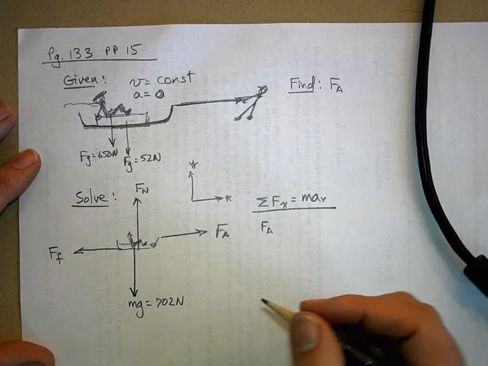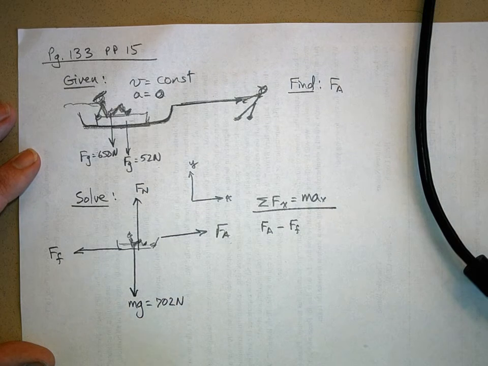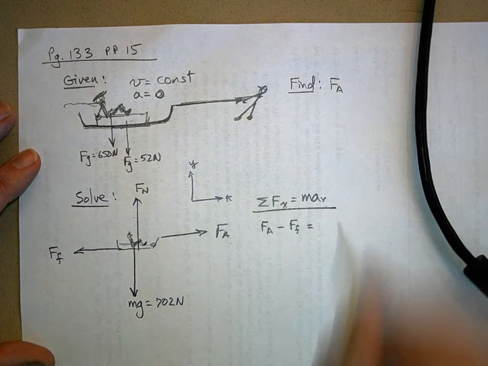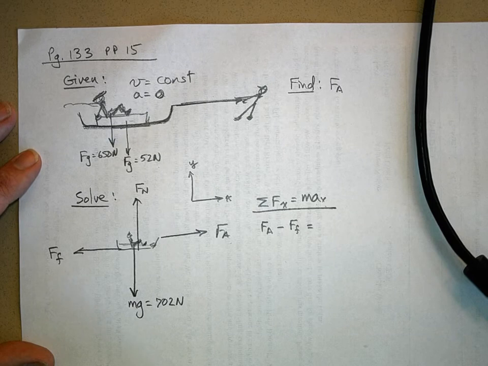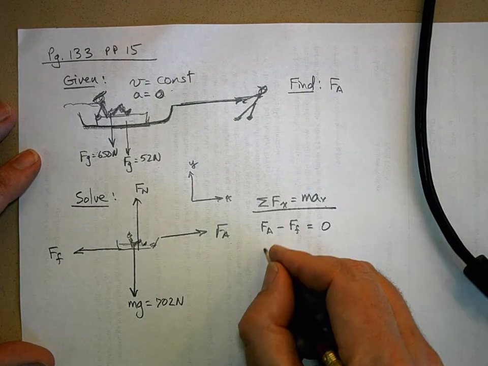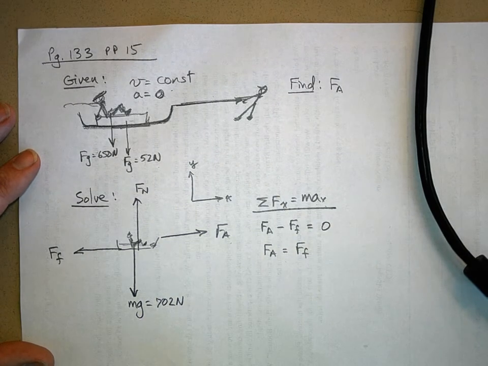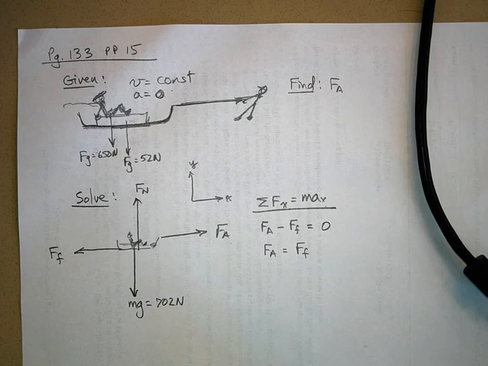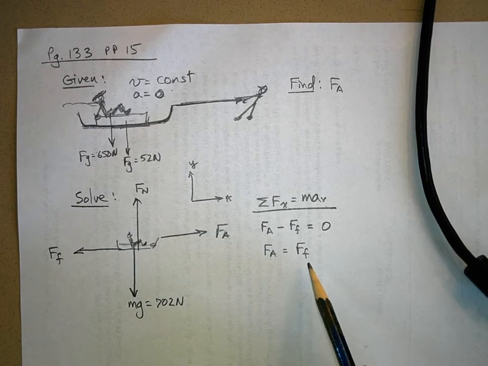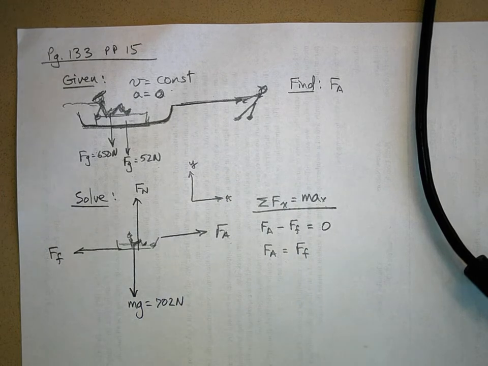Now to the left is the force of friction, and to the left is negative, so minus the force of friction is equal to ma. Now, what is the acceleration in this problem? 0. Thank you. So what this tells me is that my applied force will be equal to my force of friction. In this problem, that's true. Now, I could give you a problem where there is acceleration, in which case the applied force will be equal to the force of friction plus ma. So it all depends on the problem.